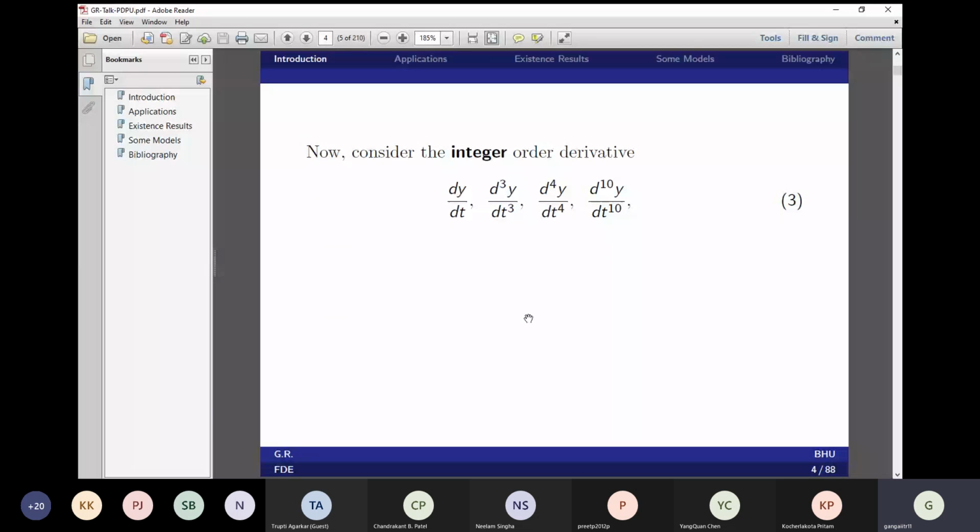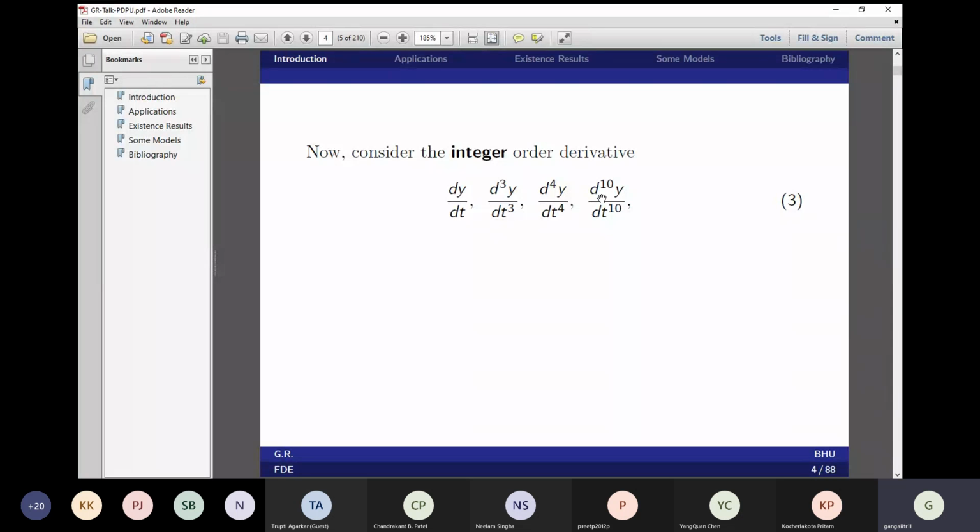So now suppose I consider the integer order derivative. You also know the derivative: this is the first order derivative, dy upon dx, and this is the third order derivative, the fourth order derivative, the 10th order derivative. These can be easily calculated if y is a given smooth, that is differentiable, function.